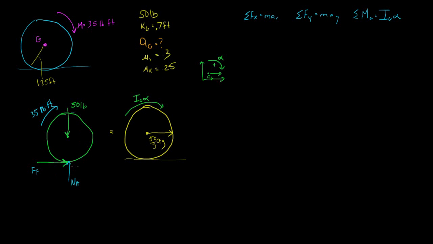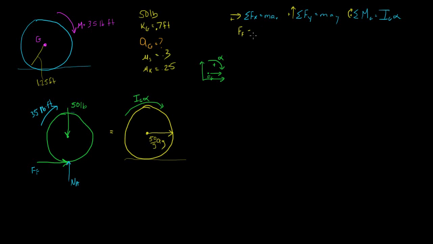Now let's look at the sum of the forces in the x. We're equal to the frictional force. This is positive. So our frictional force is positive, and that's our only force in our x direction.